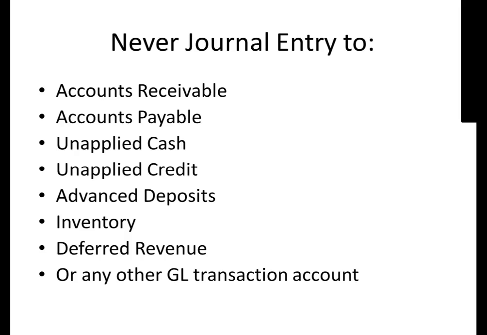Now, one way to find that is by just going into the GL register under the general ledger, pulling up the account and searching based upon a journal. And I'll do that in just a moment just to show you how easy it is to find those transactions if it does occur.